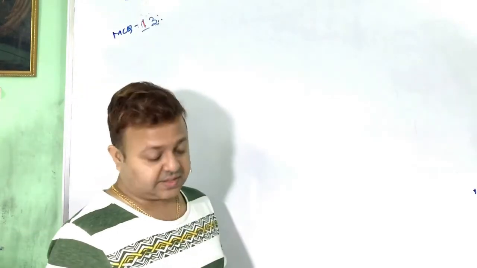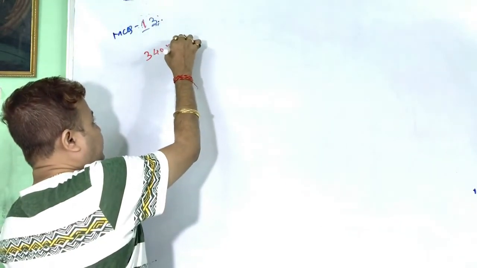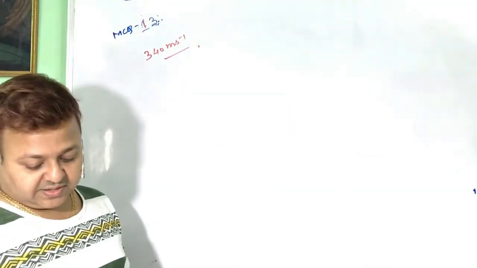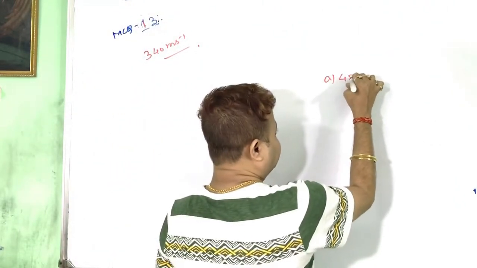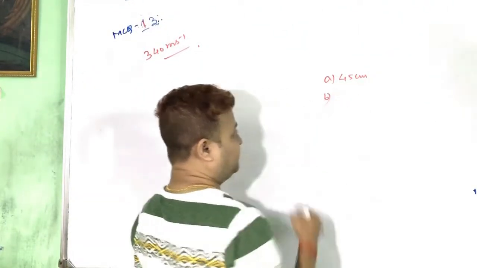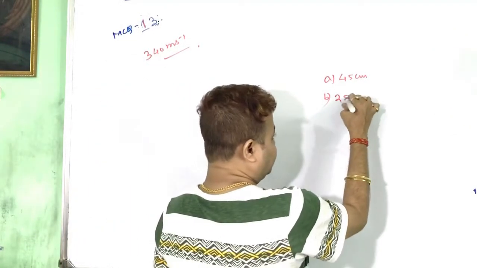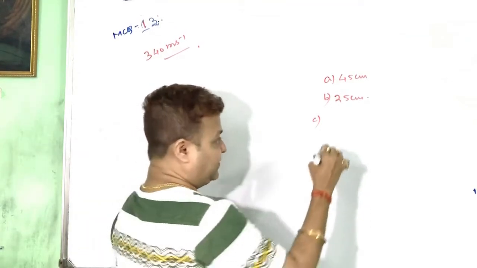Speed of the sound, take it as 340 meter per second. Option A, 45 centimeter. B, 25 centimeter. C, 75 centimeter.